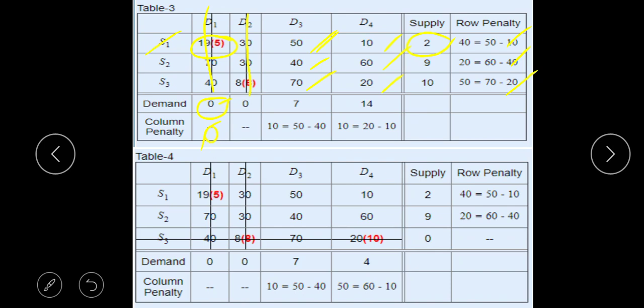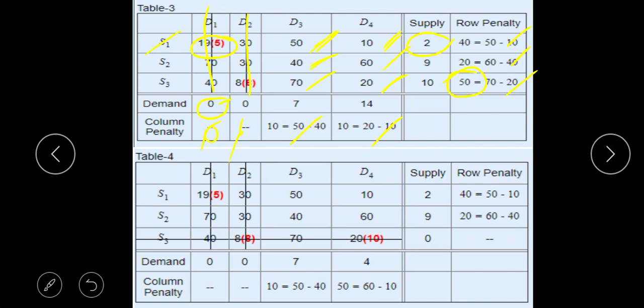These two columns we won't find any penalty because they are crossed off. Coming back to the D3, least cost is 40, next least is 50, so difference is 10. D4, least is 10, next least 20, so 20 minus 10, 10. So which is the highest penalty? 50 is the highest penalty.